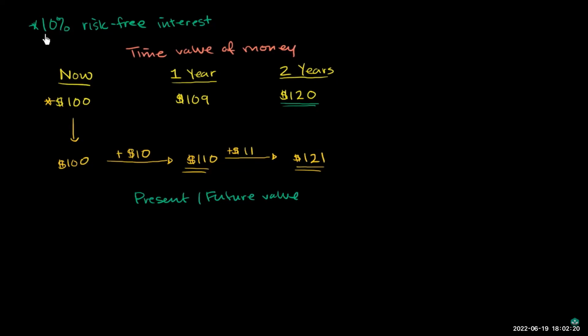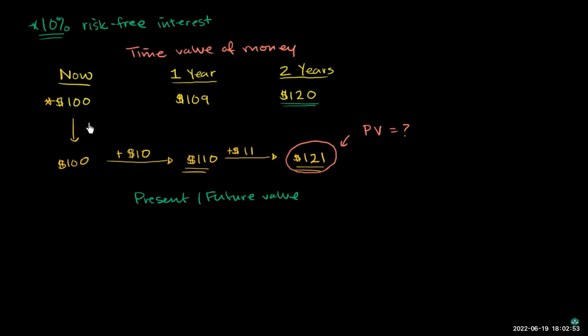So given this assumption, this 10% assumption, if someone were to ask you what is the present value of $121 2 years in the future, they're essentially asking, what amount of money would you have to put into the bank risk-free over the next 2 years to get $121?